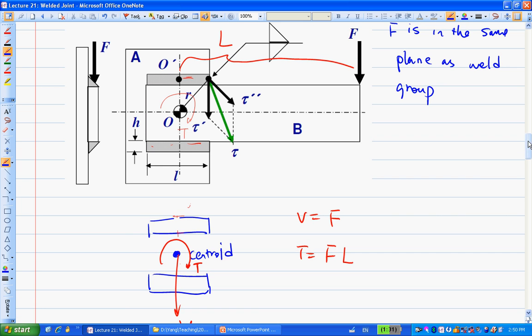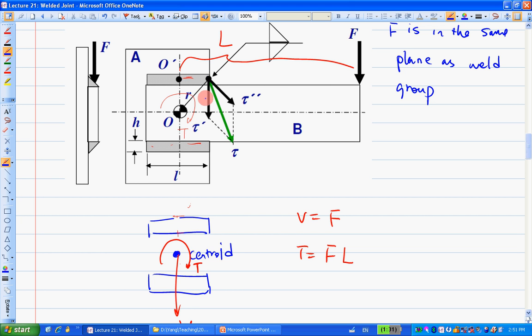If you look at this geometry right here, which location gives you the maximum R? That makes sense? So that's why the critical location for this weld group we're going to analyze is this location here. That's the most critical location for this particular case. Is that clear?